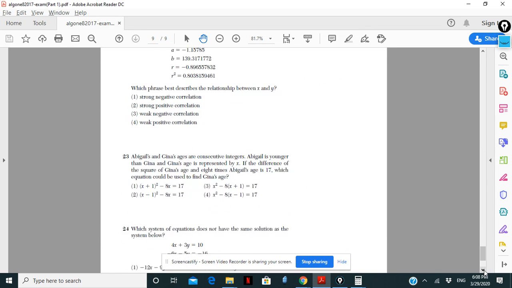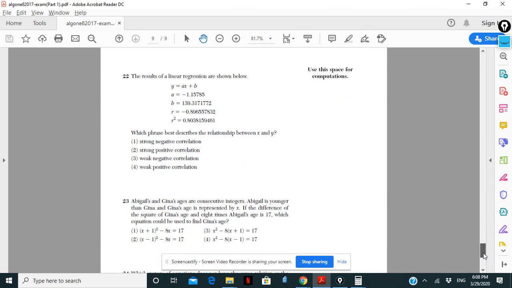Okay, now we have questions 22, 23, and 24, and we're going to be done. Here, the result for the linear regression. You remember the linear regression when we were looking, we said that R is the correlation coefficient.